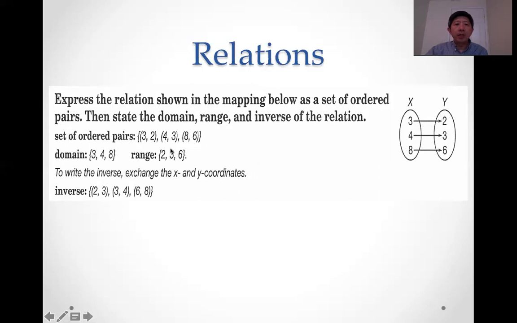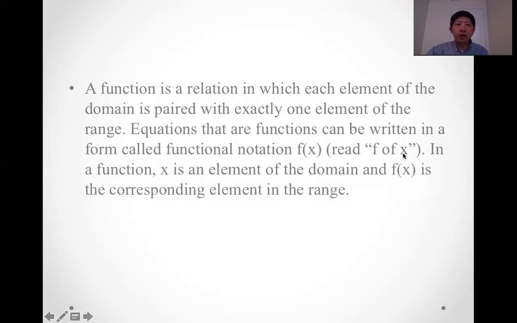Now what about the range? The range is 2, 3, 6. So this will be the range. According to the definition here, each element of a domain is paired with exactly one element of a range.